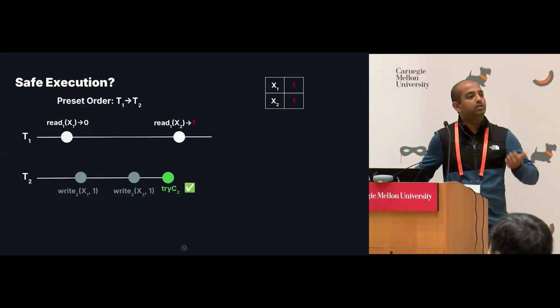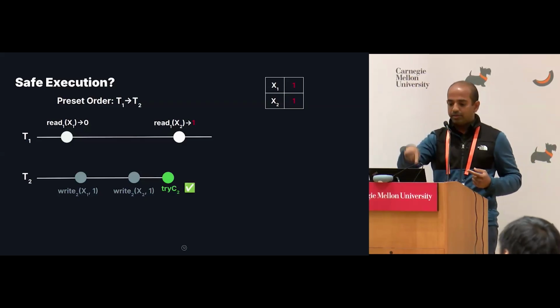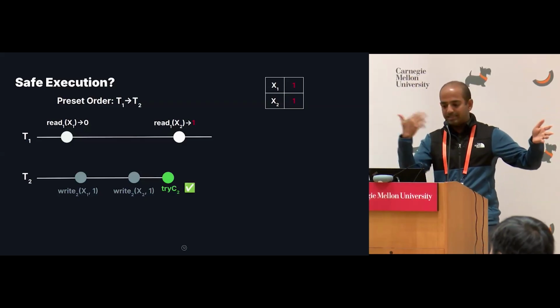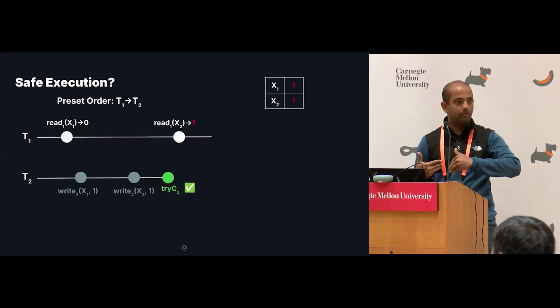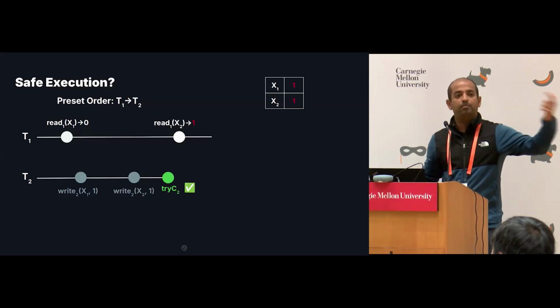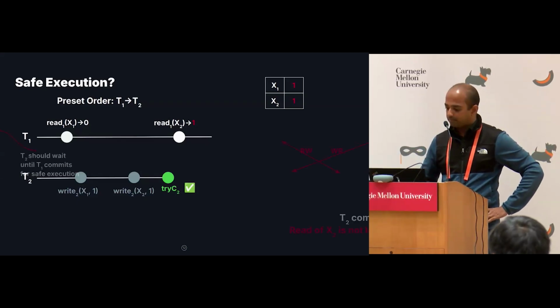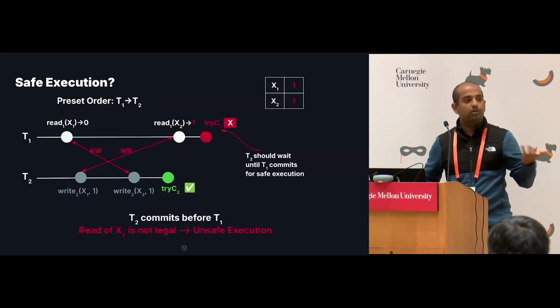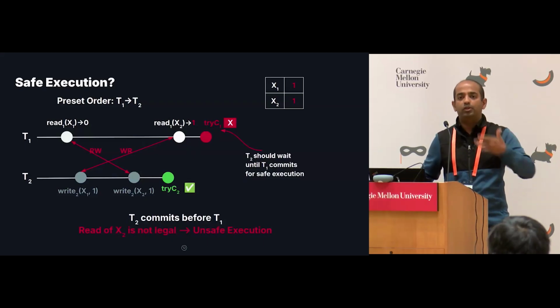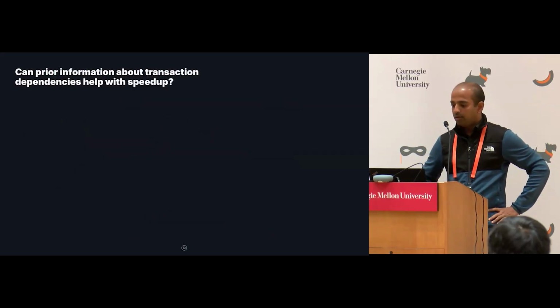Now this read is going to return the value 1, so I get this old-new inversion. Transaction T1 misses the write performed by transaction T2 on the memory location X1, but the read of X2 gets the value of the write performed by transaction T2, which again cannot be justified. This read is not legal, so this cannot happen in any sequential execution of these two transactions which respects the preset order.